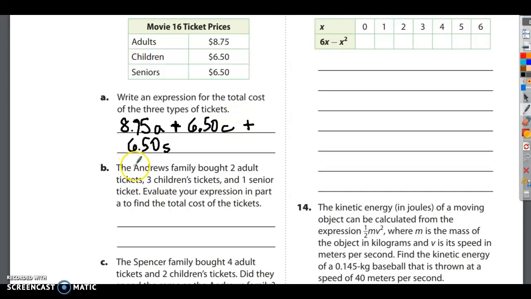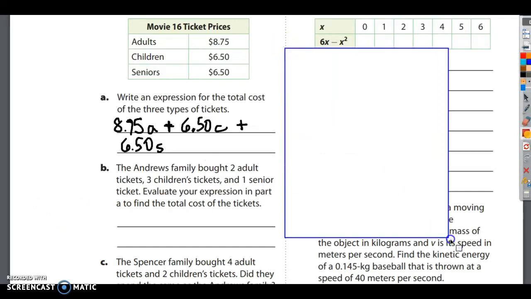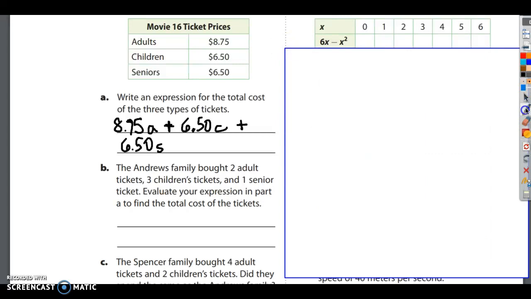So question B says, the Andrews family bought 2 adult tickets, 3 children's tickets, and 1 senior ticket. Evaluate your expression in part A to find the total cost. So this is pretty simple. We're going to do 8.75. And what we're supposed to do is evaluate. So I think what I'll do is I'll write it out here what I'm going to do, and then I'll solve.